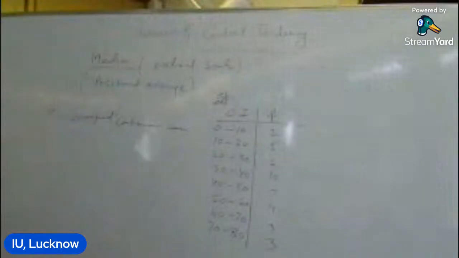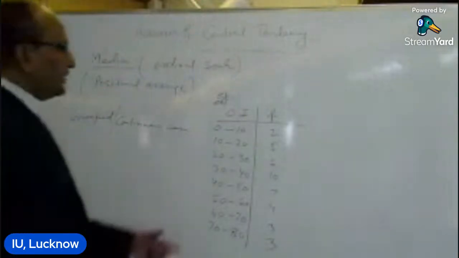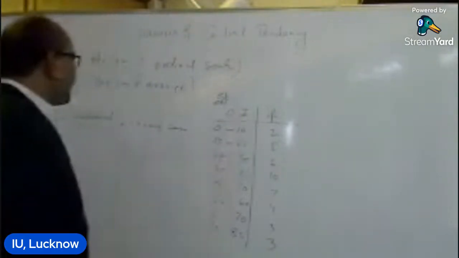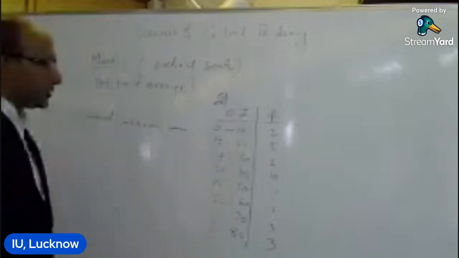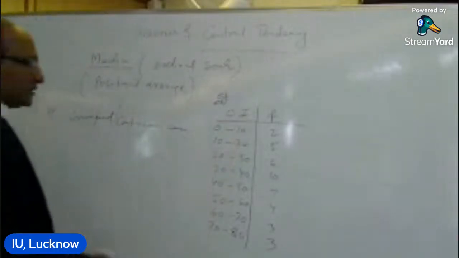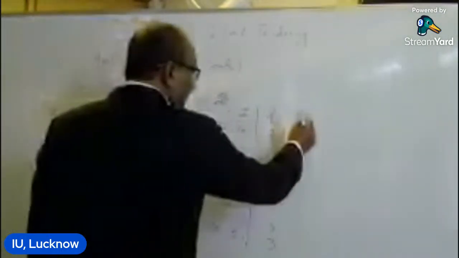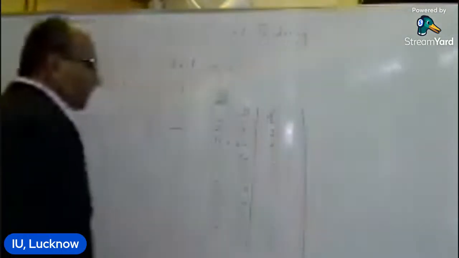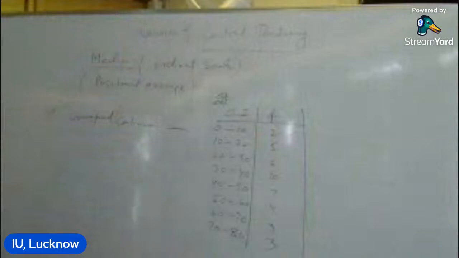So this is the question, and we have to find the median. The frequency distribution is given in terms of class interval. So here to find the median, we first find the cumulative frequency.